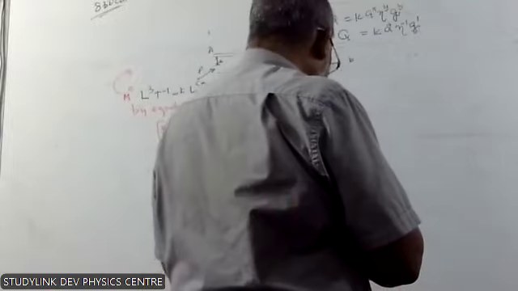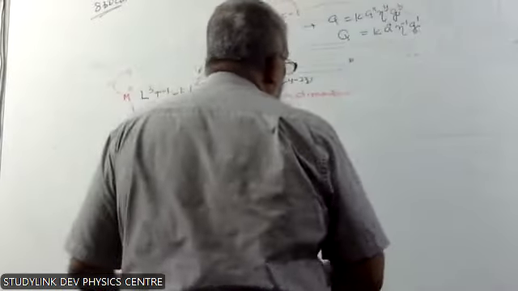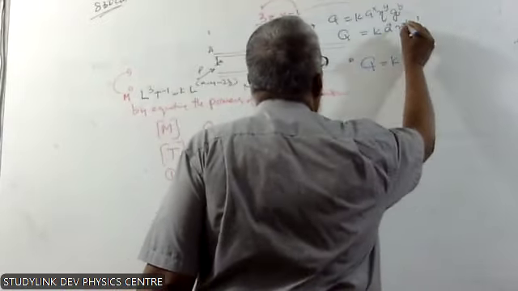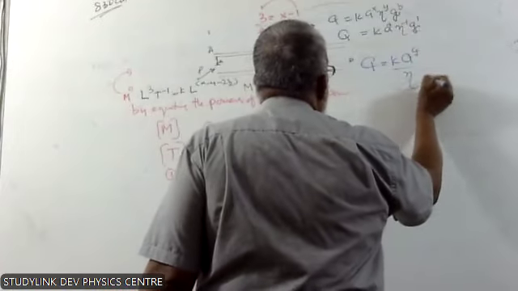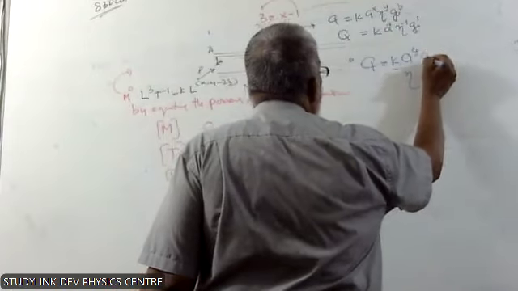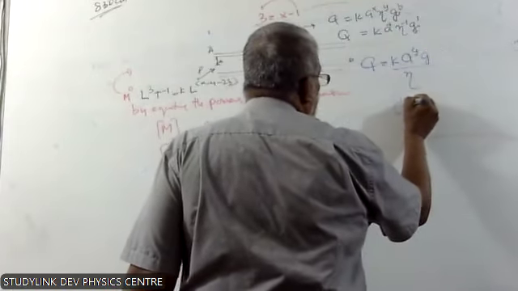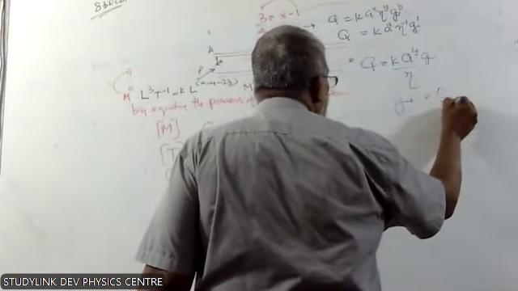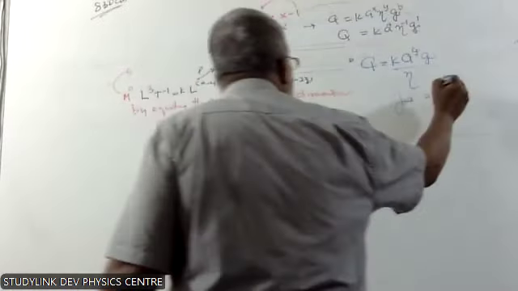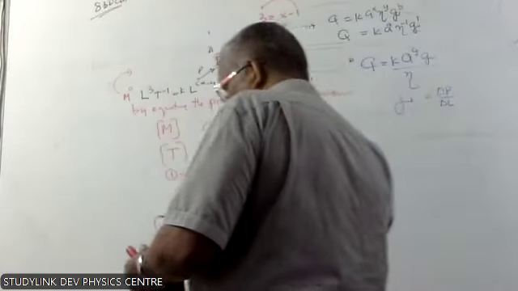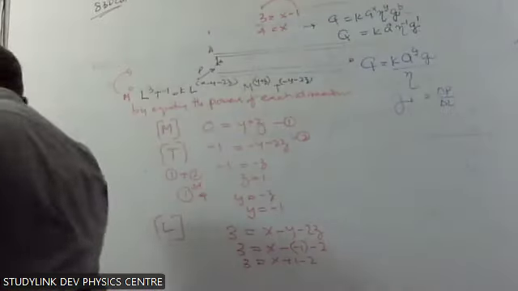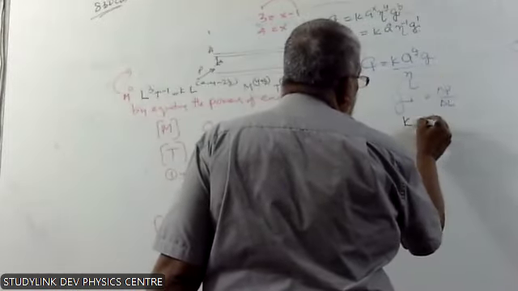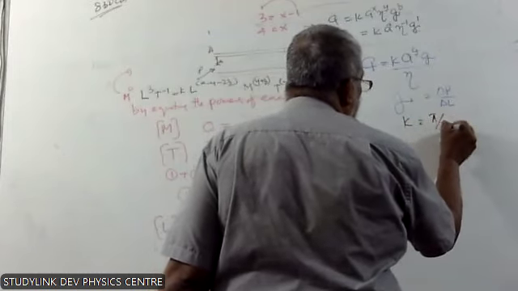Now look at this. Here q is equal to k a to the power 4, eta minus 1, which means eta into g. Remember, g is delta P over delta L. K was given by me as pi by 8.